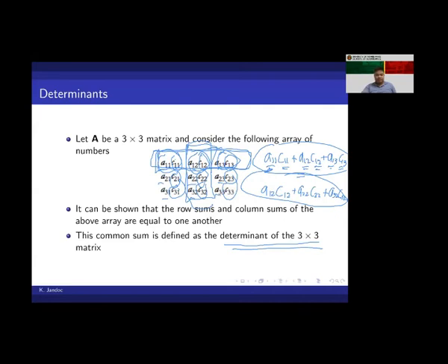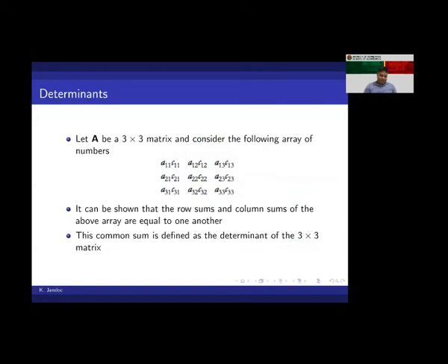When you get that sum, you get a number which is common to any row or column, and that common number is the determinant of the 3 by 3 matrix. It's kind of convoluted and tedious in a way, but that's how we define the determinant of a 3 by 3 matrix. Okay, good.